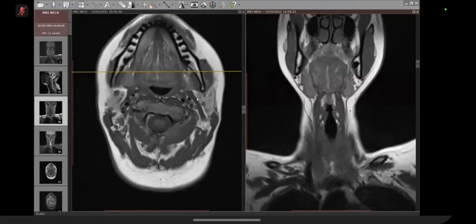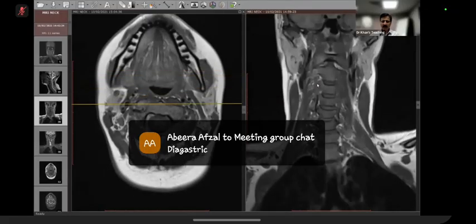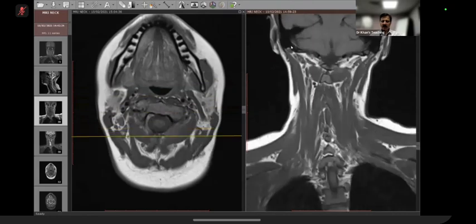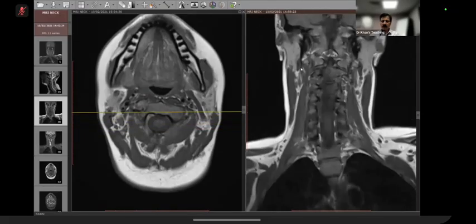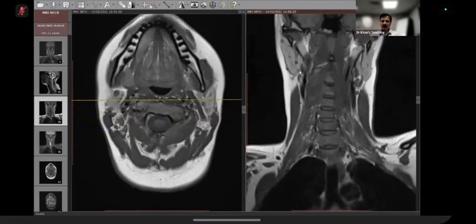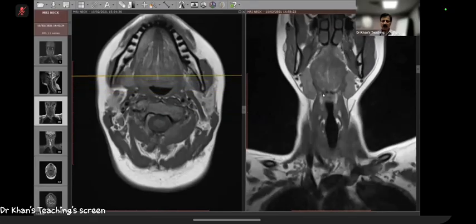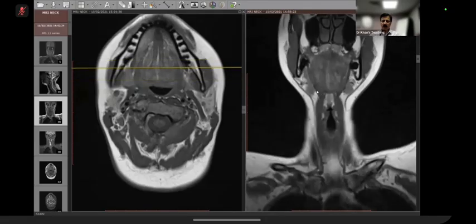Posterior belly of the digastric is an exam muscle in part 1. There is a posterior belly and there is an anterior belly. So if you see this coronal, look at this where I am pointing out. This is the posterior belly and this is the parotid gland. It will dip down and ultimately you might not see it when you reach the hyoid, but you lose it there.